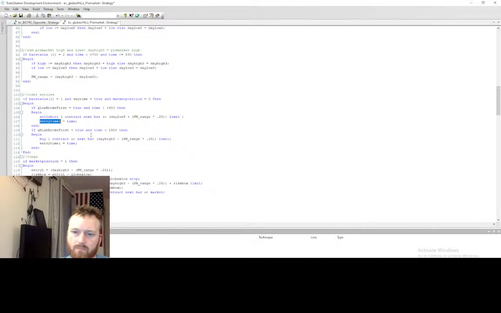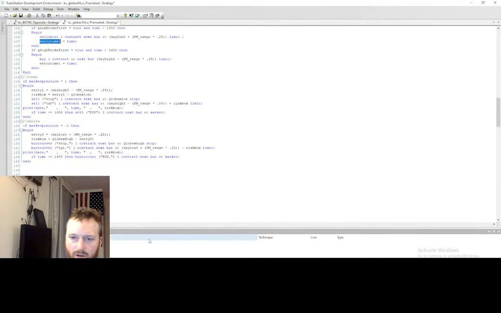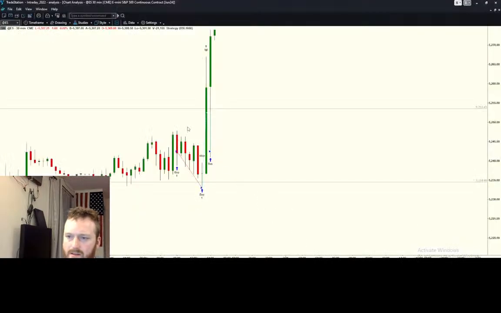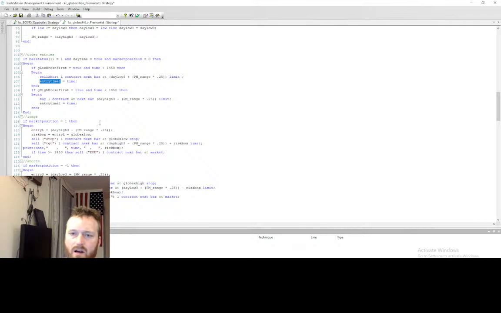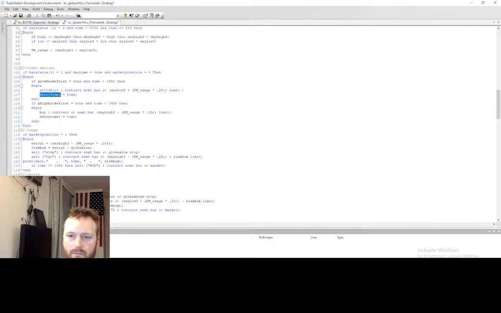Entry time. And now, because it's entering again, we need to make sure that, in order to place the trade again, we can't do that.